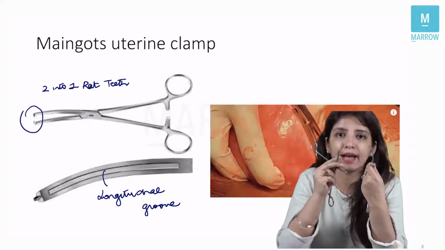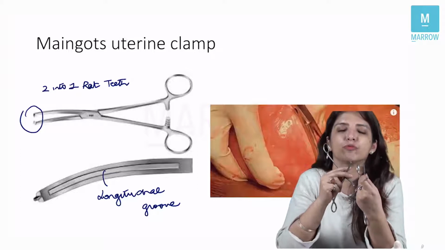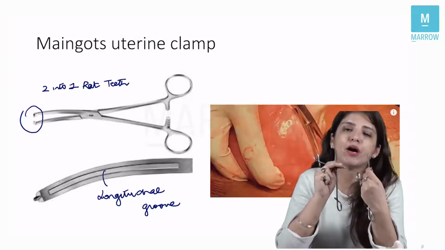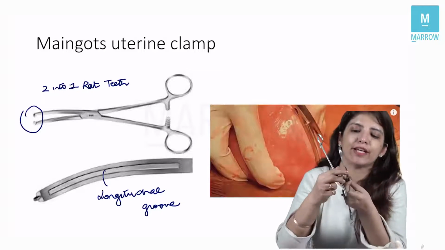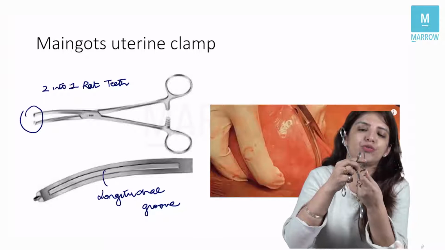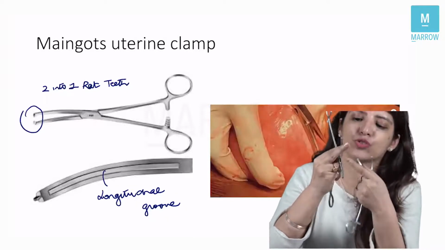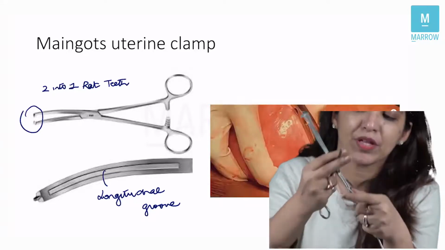Mangot's uterine clamp and Kocher's forceps both have the same function and both have the same appearance. Only difference is in Kocher's forceps you will get transverse serrations. Can you see the transverse serrations? And in Mangot's you get a longitudinal groove, right?